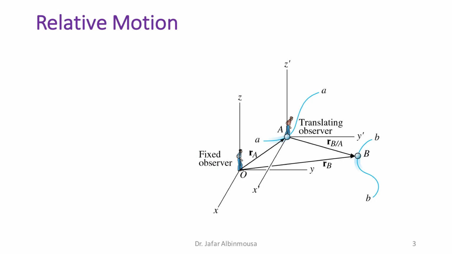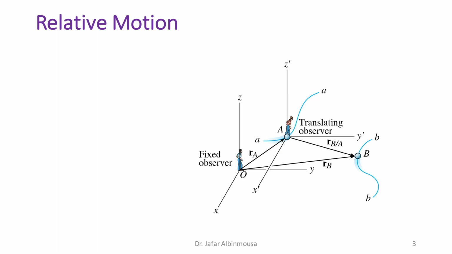Now let's set up the first kinematic relation, which is for position. In this example we have a fixed observer at point O. The observer at point O, the origin, can measure the translation of object A, this person, or this particle B. Any measurement made by observer O has to be absolute.